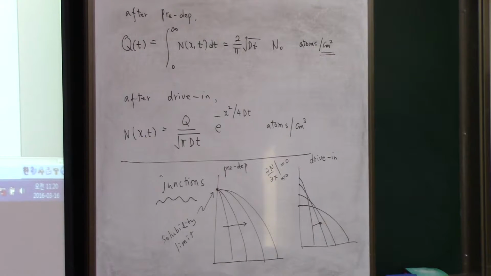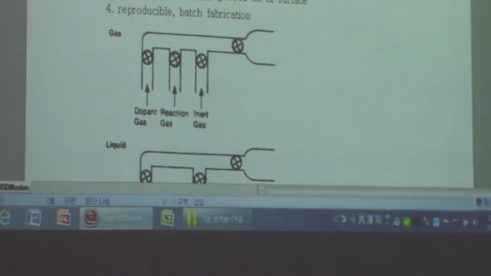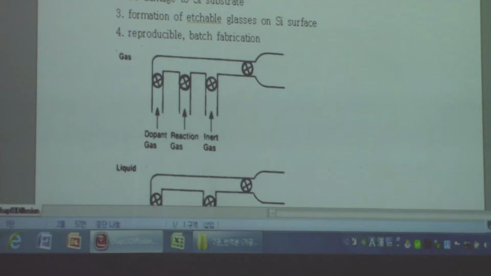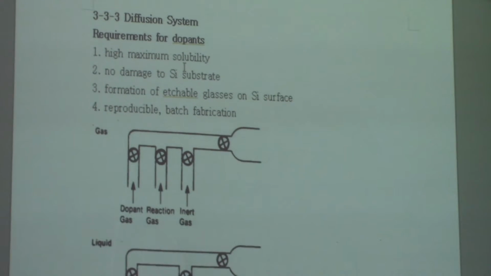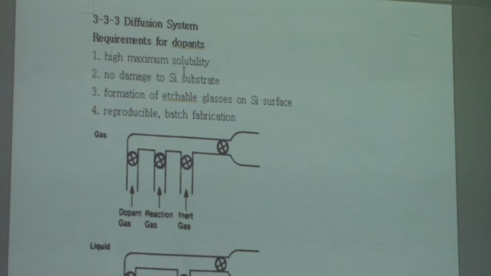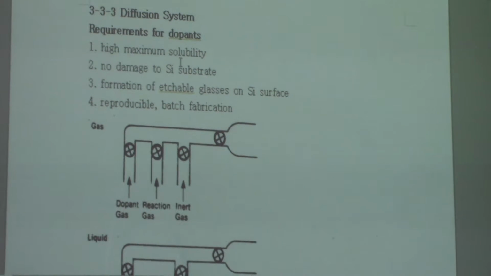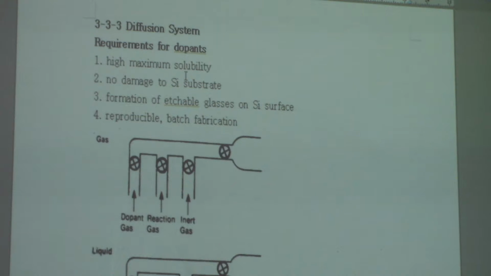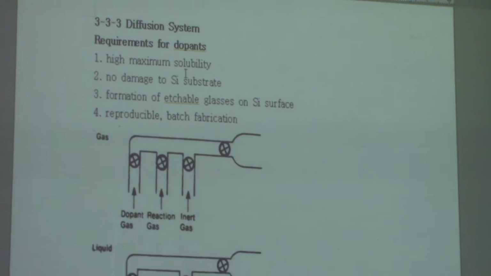Now let me just introduce the diffusion systems. The requirements for the dopants, as I told you before: we should have a maximum solubility limit in order to have a low resistance, right? And no damage to the silicon substrate. The silicon substrate is a single crystal.